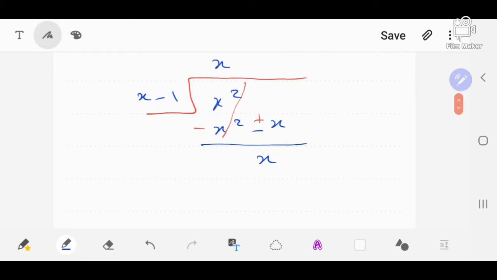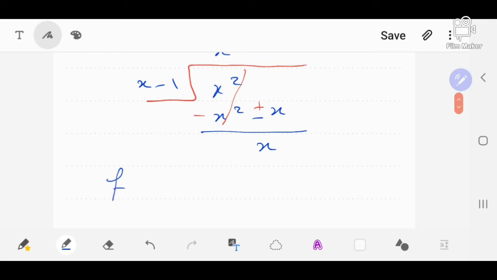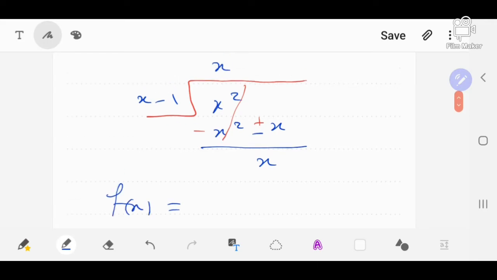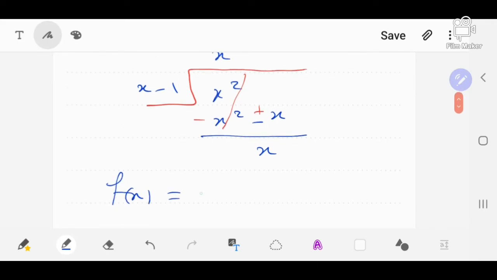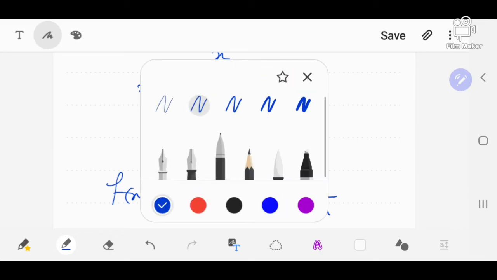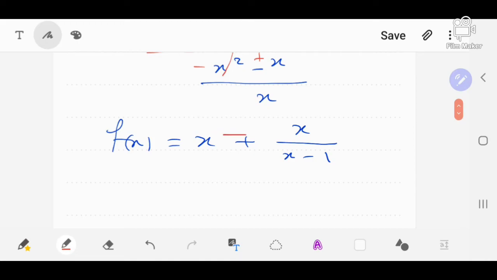So what's our function now? Our function now is the answer, which is x, plus the remainder, which is x, over the divisor, which is x minus 1. Now, look at this. This will represent the equation of the slant asymptote. So y equals x is a slant asymptote.